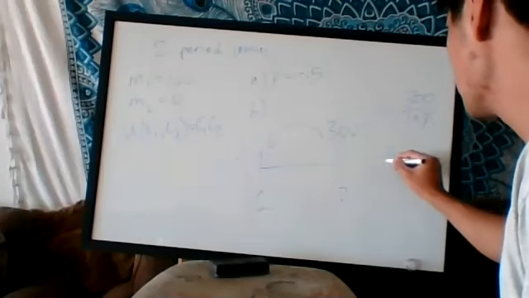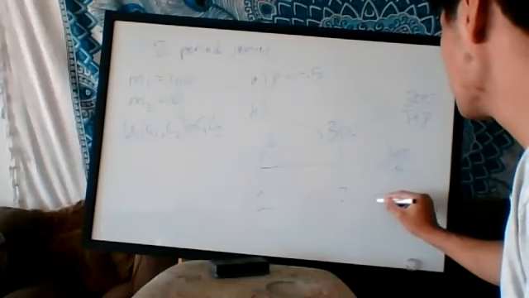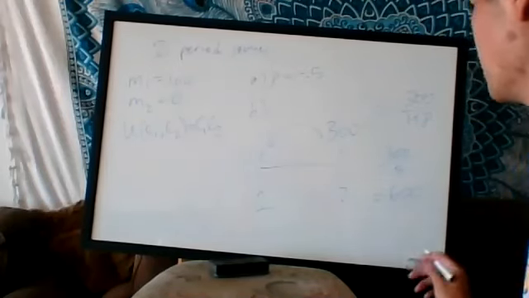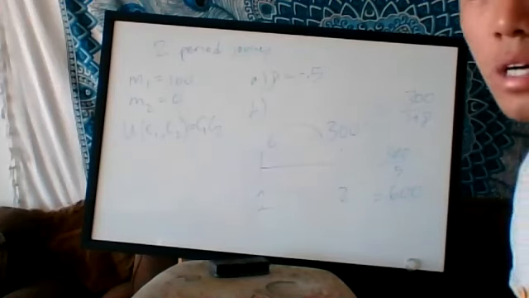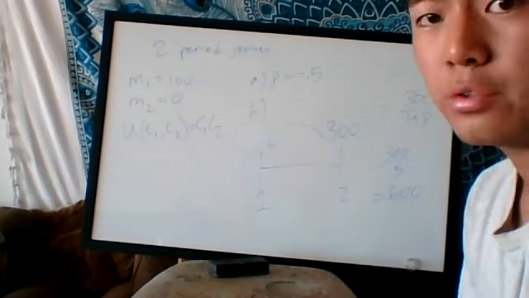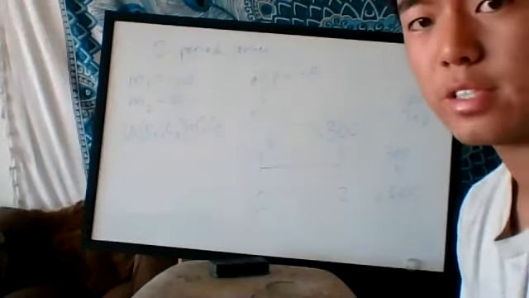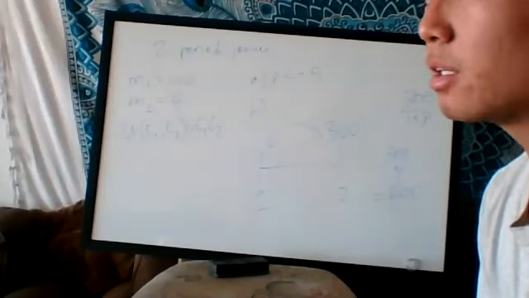And so this is going to be equal to 300 divided by 0.5, which is going to be equal to 600, right? So essentially what it's saying here is that that 300 bags of barley in period 2 is equivalent to having 600 bags of barley in period 1, right?